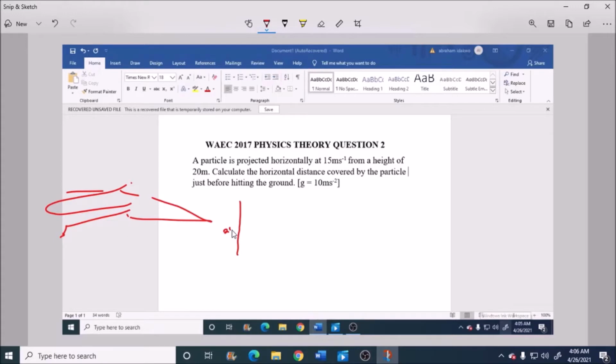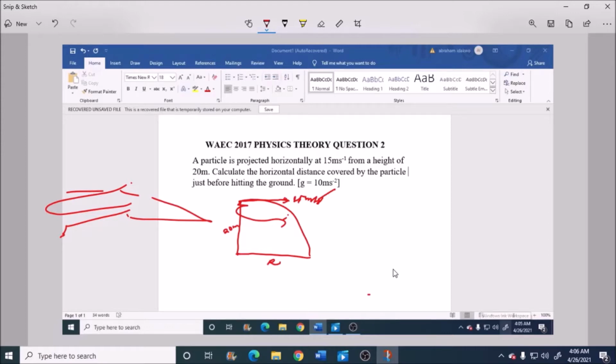Now here, this is the horizontal velocity, which is 15 meters per second. Okay, so now here the initial vertical velocity u is equal to 0.